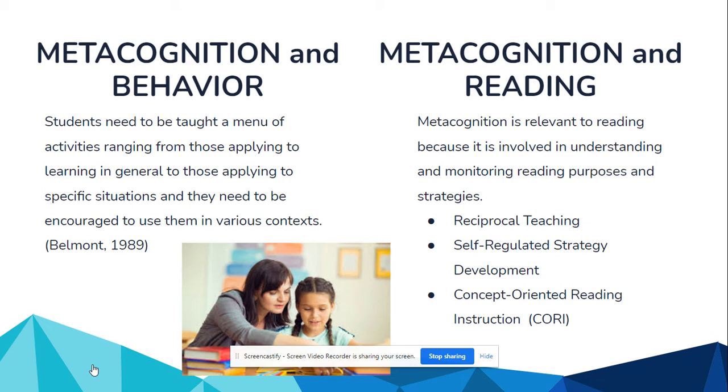And then the concept-oriented reading instruction program, or CORI, incorporates cognitive strategy instruction on activating background knowledge, questioning, searching for information, summarizing. This program has been extremely effective in raising students' comprehension.